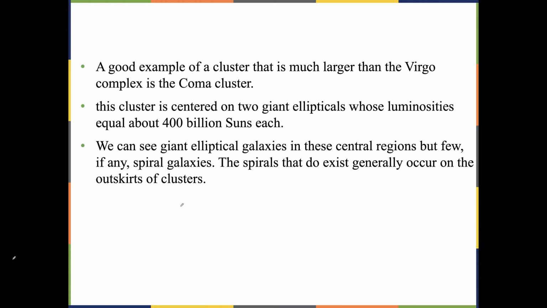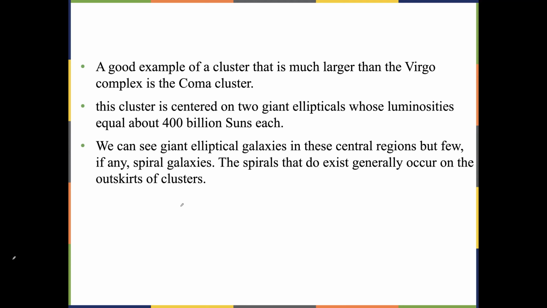And that particular galaxy kind of dominates, and you can very clearly see that it is very bright. That particular galaxy is also called a BCG, or brightest cluster galaxy, right? I have not mentioned it here, but that's some extra information.